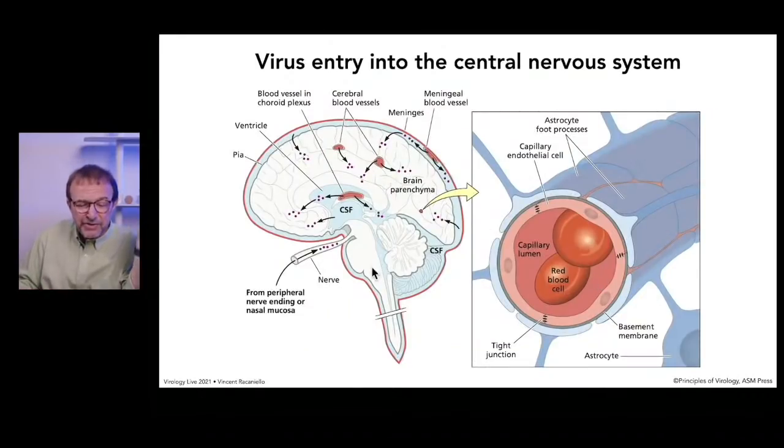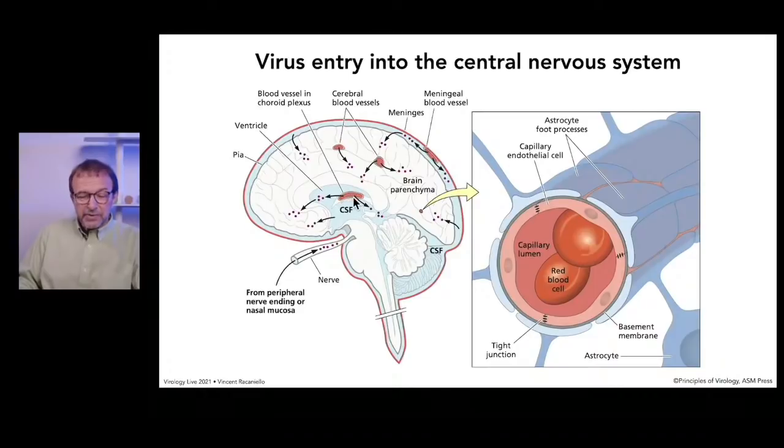So here's a summary of virus entry into the central nervous system. Here's the high-level view here, the brain proper, or parenchyma. We have our spinal cord coming in there. And so we have the cerebral spinal fluid in the center. This is an area that has blood vessels.